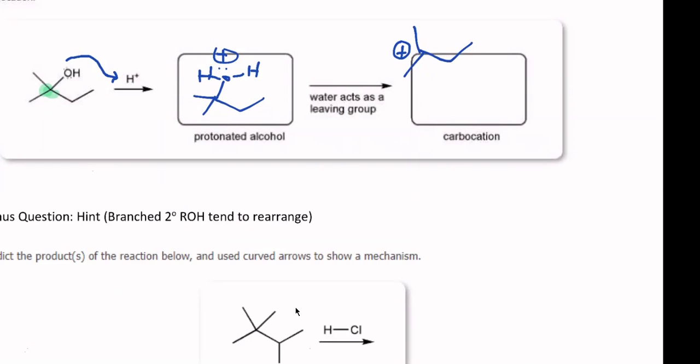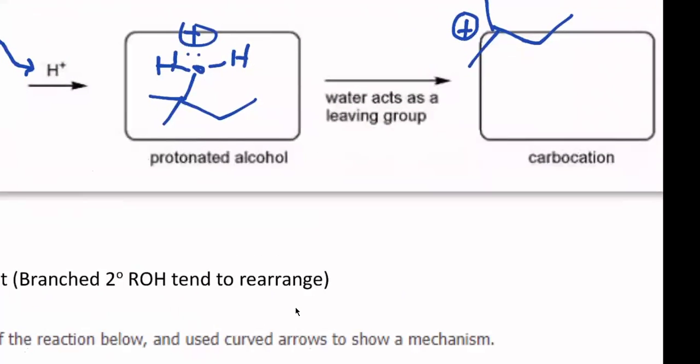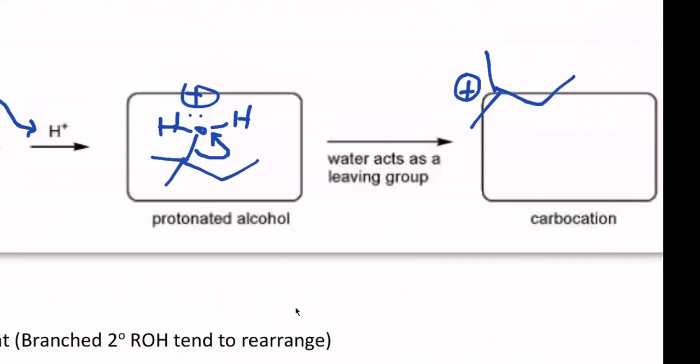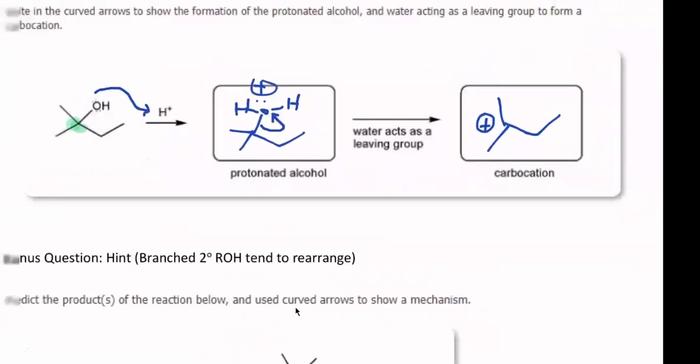So I showed the arrow for the proton transfer, which gave you the hydronium, the protonated alcohol in the middle, and then I didn't put in the arrow for the loss of the leaving group, which should come from here, like that. And that's how you get your carbocation. Let me pull that down so I can put it in the box. So that's how you get that.